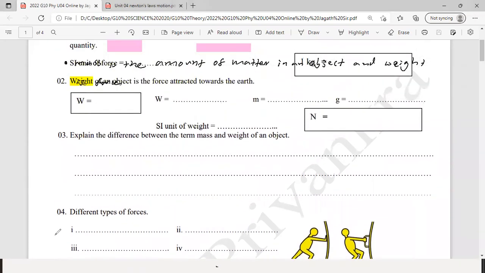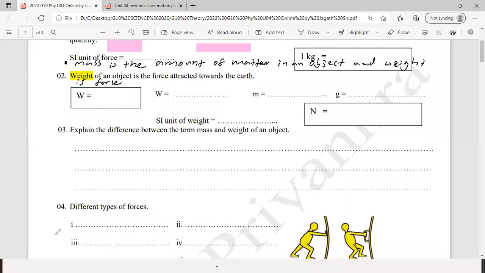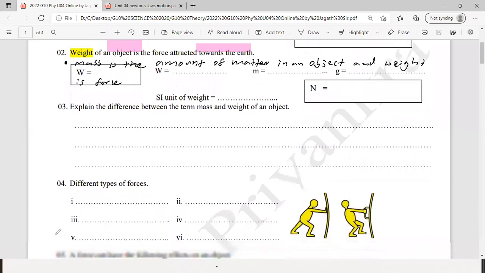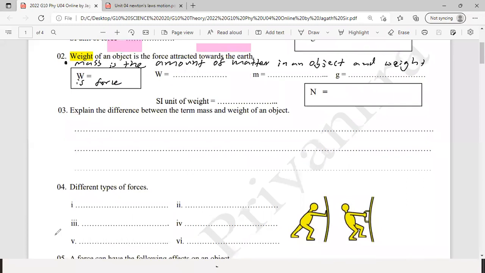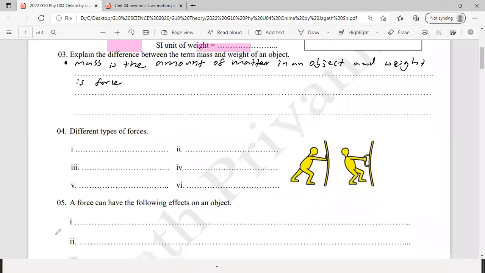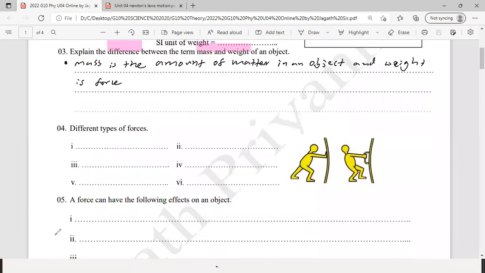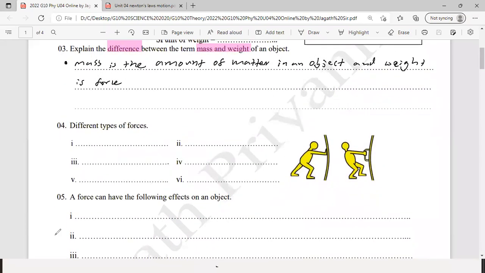I have given that here. Weight is the force attracted towards the earth.